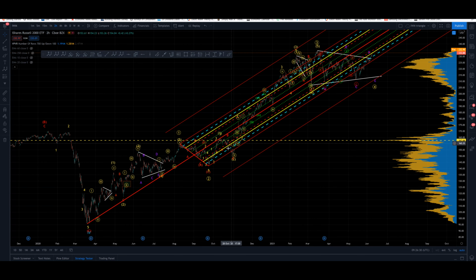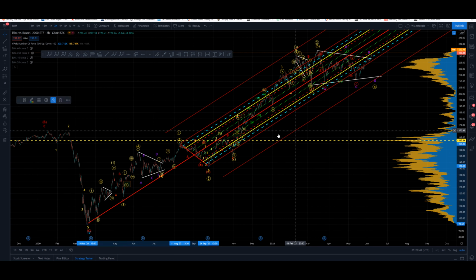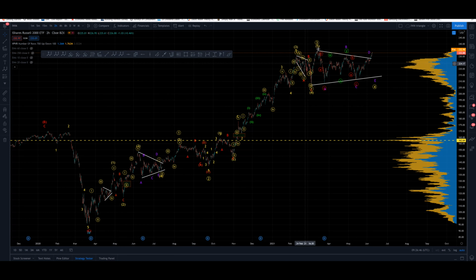Because that's where we expect to see, if we get an extension of the 3, this very aggressive 3, and then the actual primary 3 peaks somewhere near the top of the pitchfork.